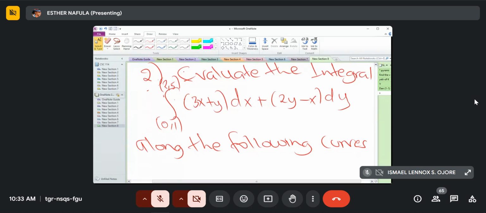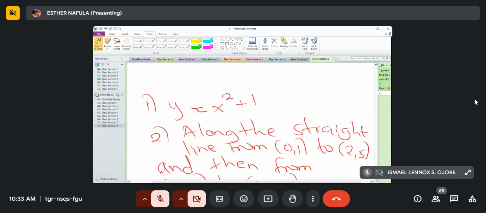You're given the appropriate curves. For A, you're given the curve as y equals x squared plus 1. So if you choose to write everything in terms of x, then whenever you see a y, you replace it with x squared plus 1. dy will be 2x dx and so on.